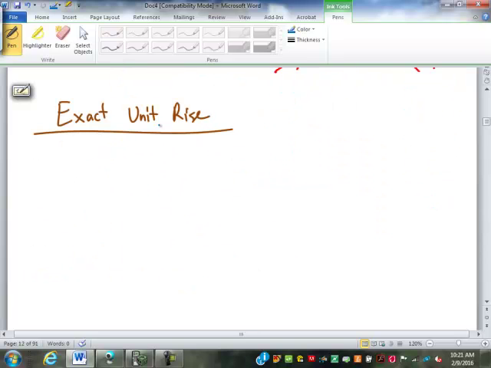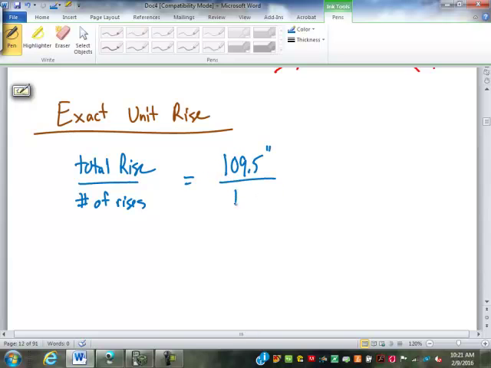So our exact unit rise is going to be still our total rise divided by our number of rises. So that'd be the 109.5 is still our total rise divided by 15.